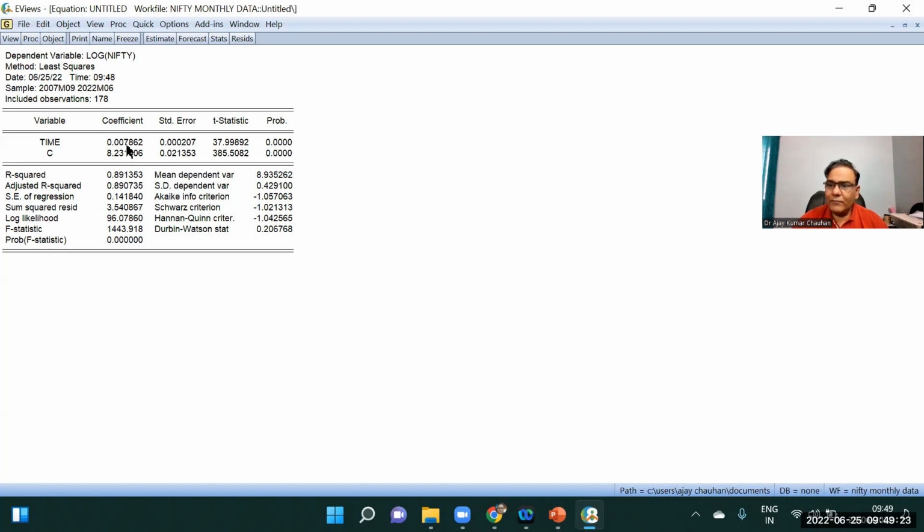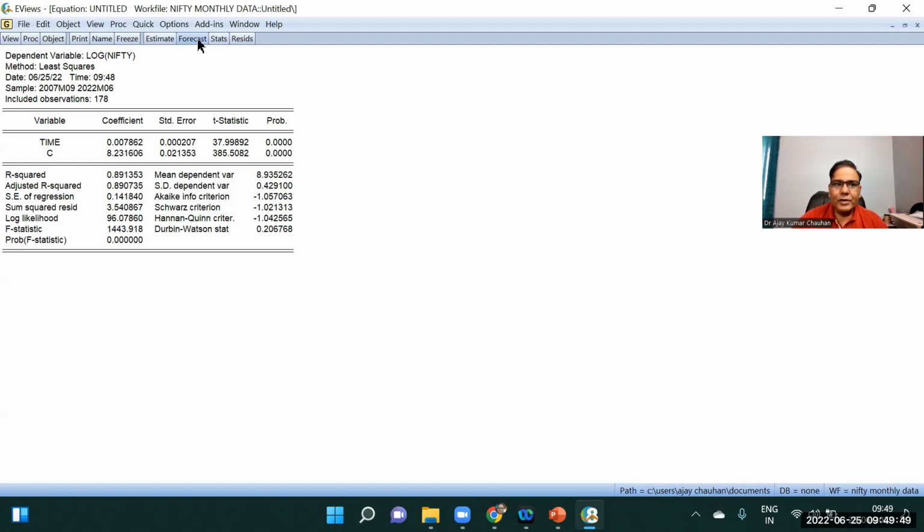So 12 multiplied by 0.8, approximately 9 or 10%. This is the growth rate of Nifty in the past 25 years, and on the basis of this growth rate we are going to forecast. We believe that if India keeps this growth rate constant in future also, what could be the value of Nifty in the next 8 years?